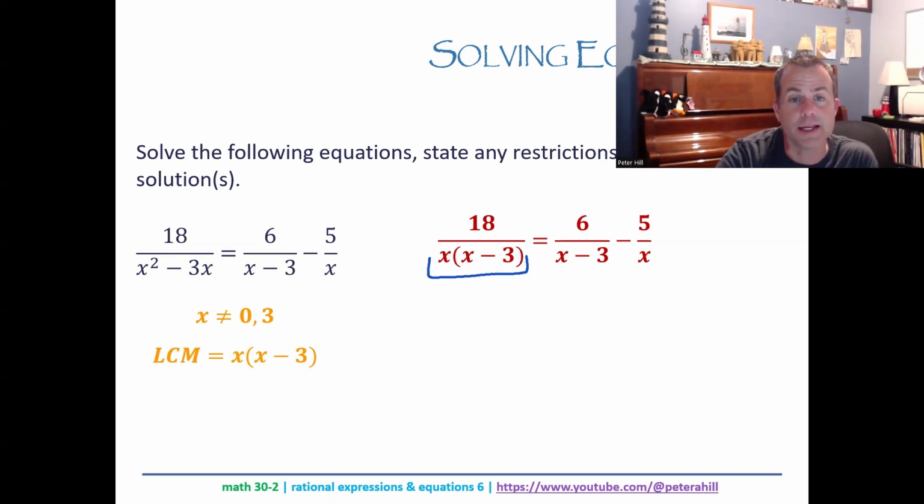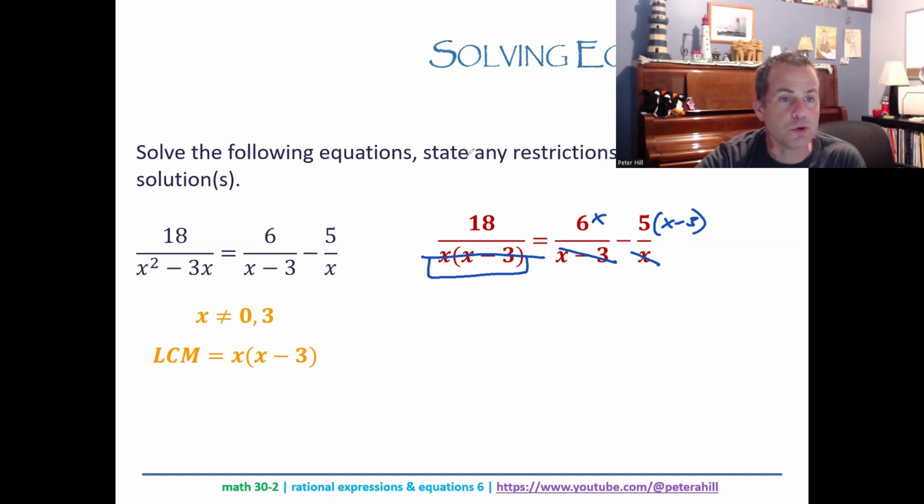But if I multiplied everything by x times x minus 3 on this first guy, then my x minus 3s would divide out, right? So I'd just be left with 18. Over here, just the x minus 3s would divide out, and I'd be left with an x. And here, the x would divide out, and I'd be left with an x minus 3.